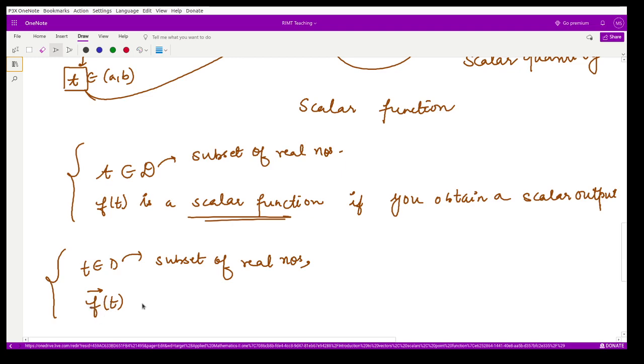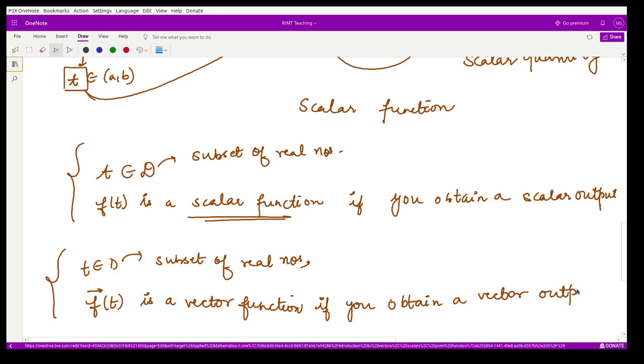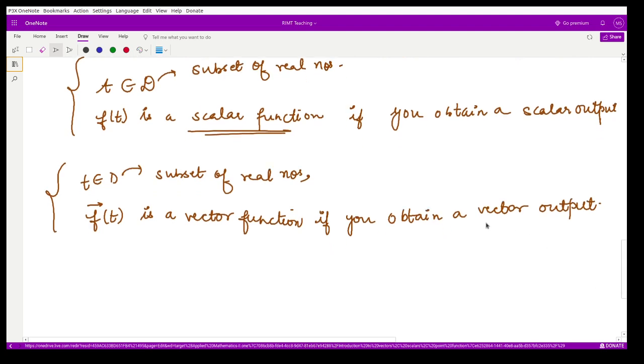This is a vector function if you obtain a vector output. That means you have inputted a scalar, but now you obtain a vector output. So this is the vector function.